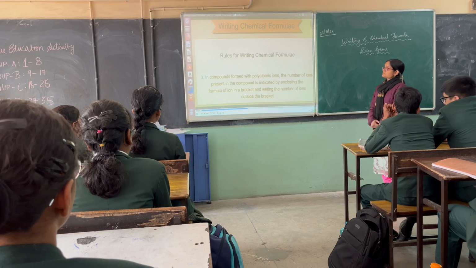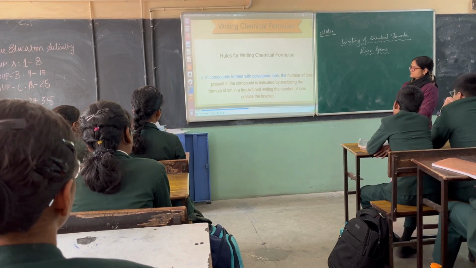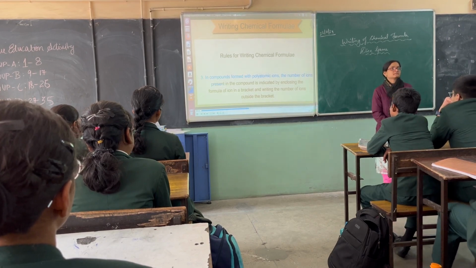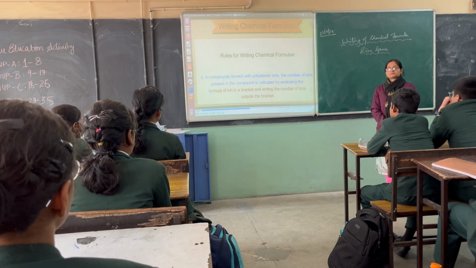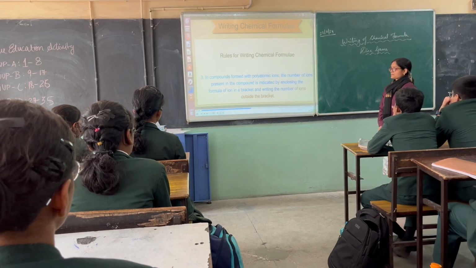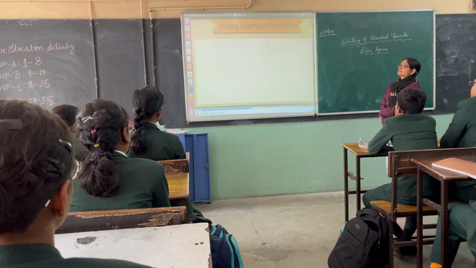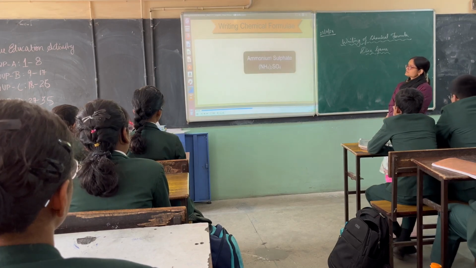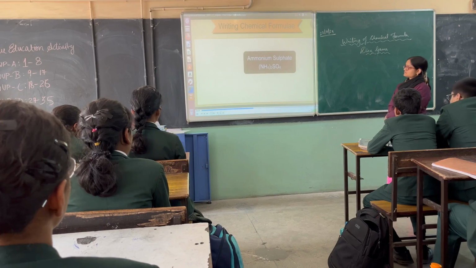3. In compounds formed with polyatomic ions, the number of ions present in the compound is indicated by enclosing the formula of the ion in a bracket and writing the number of ions outside the bracket. For example, the formula for ammonium sulfate is (NH4)2SO4.